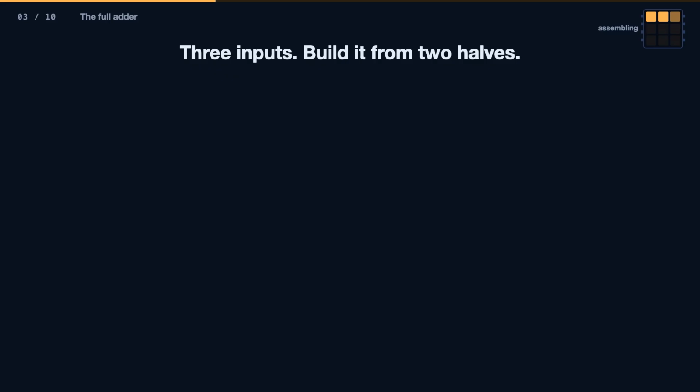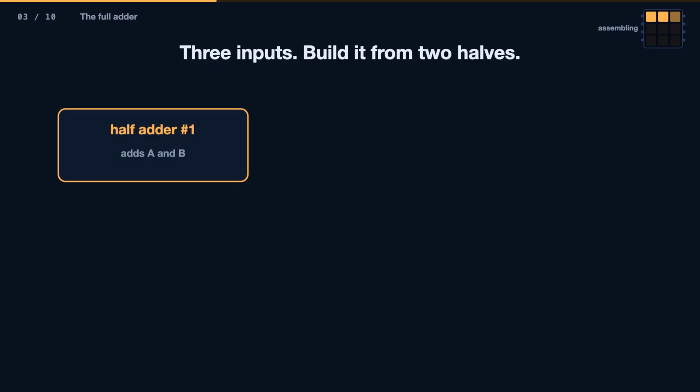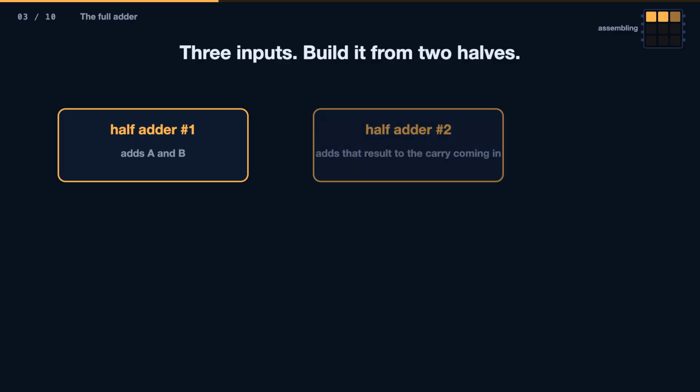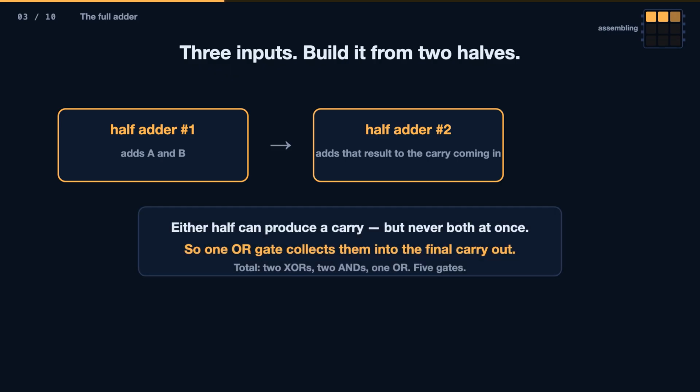Here is the trick. Build the 3-input adder out of 2 of the 2-input ones we already have. The first half adds A and B. The second adds that result to the incoming carry.